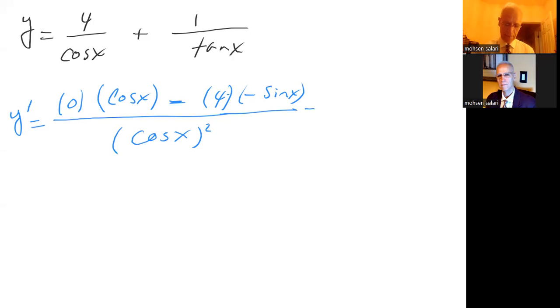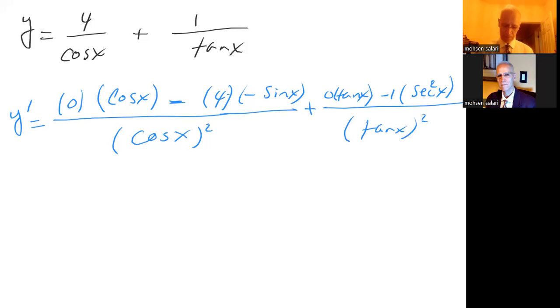And so I have plus derivative of top, which is 0, times tangent of x, minus 1 untouched times derivative of tangent, which is secant squared of x, all over tangent of x to the second power.